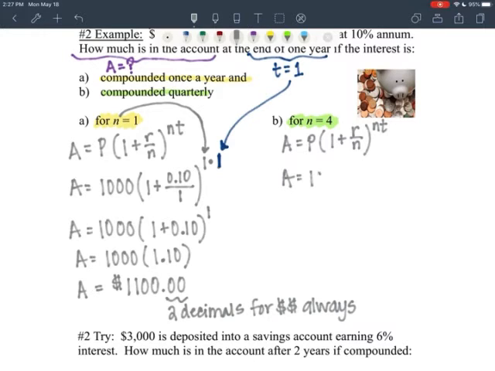So A equals 1,000 is our principal, 1 plus our interest rate of 10%, and this time we're going to compound quarterly, so N equals 4, raised to the 4 times T power, and that T is 1 year.